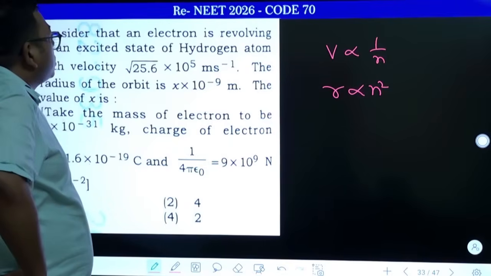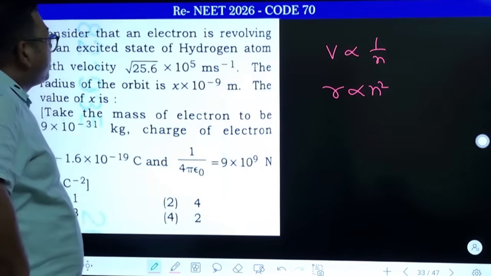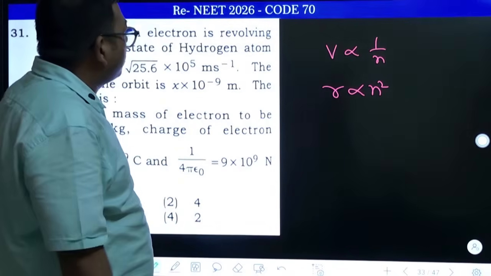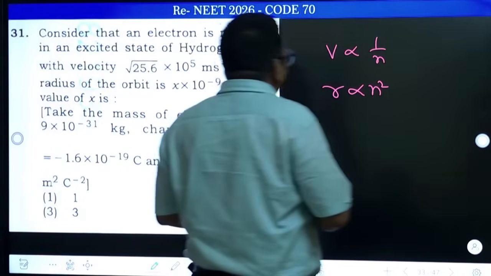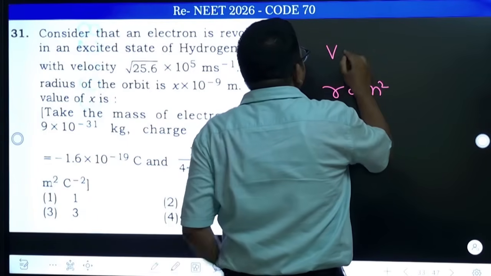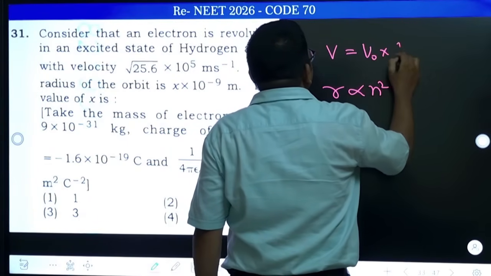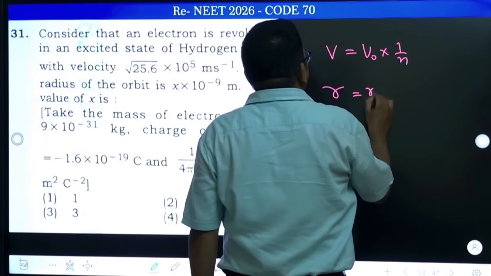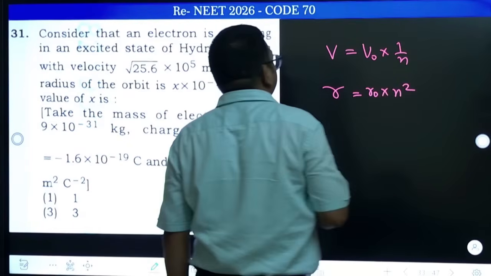So how do we solve it from here? We need actual values, or what is the formula here? I think if you remember, V is V naught into 1 by n, and we can use R is R naught into n square.